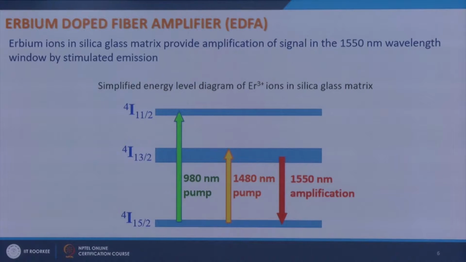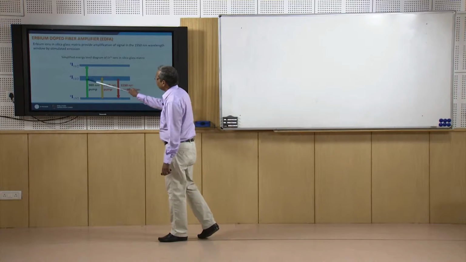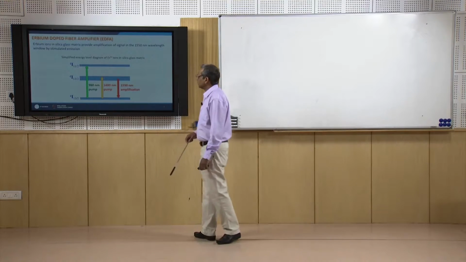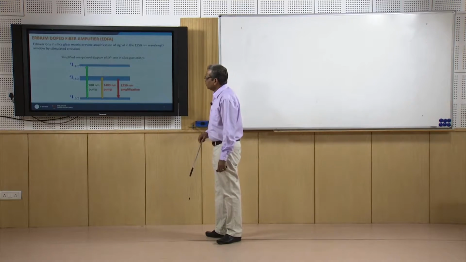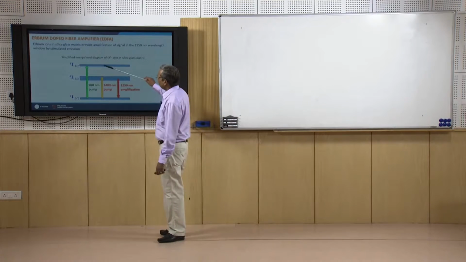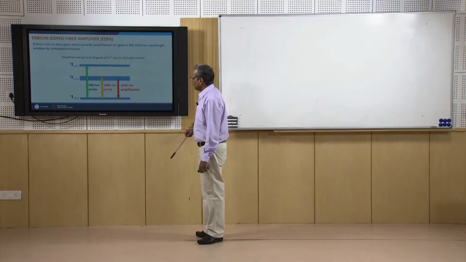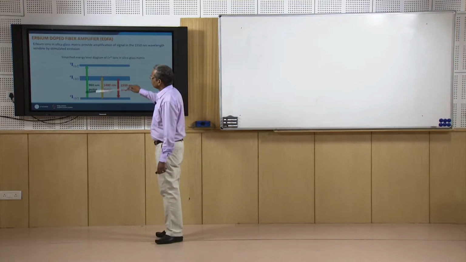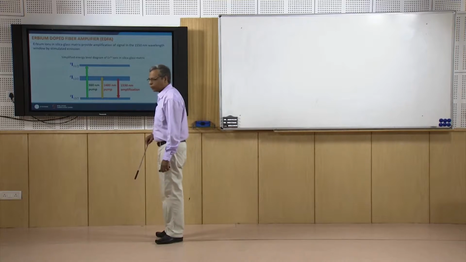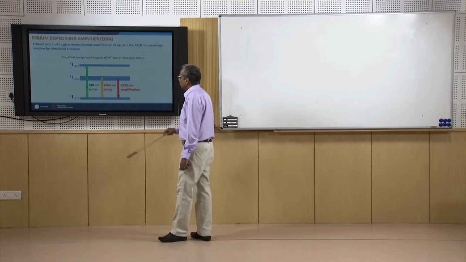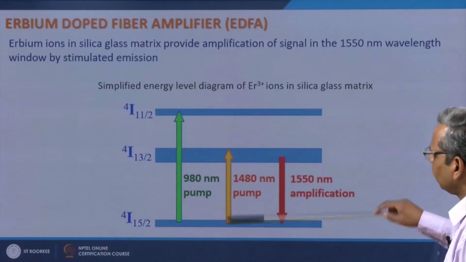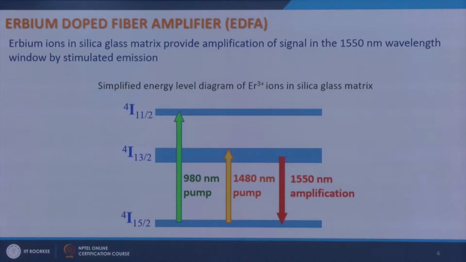This is a simplified energy level diagram of erbium ions in silica glass matrix. So, you have these bands here, energy bands. This band corresponds to about 980 nanometer wavelength. Here you can have about 1480 nanometer, and this corresponds to 1550 nanometer.